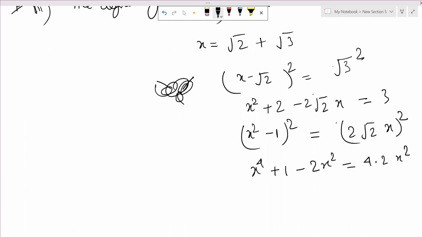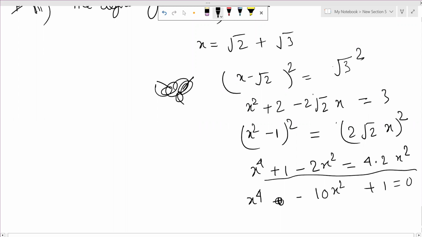So you get x to the power 4 minus 10x square plus 1 equals 0. This is the 4th degree polynomial.